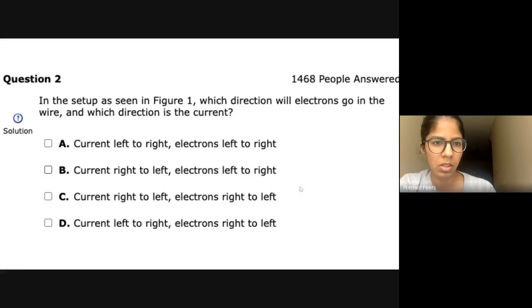Go on to the next one. In the wire setup in figure 1, which direction will the electrons go in the wire, and which direction is the current? I'm hoping you guys have the passage pulled up. You can click on the link in the chat if you don't have it.